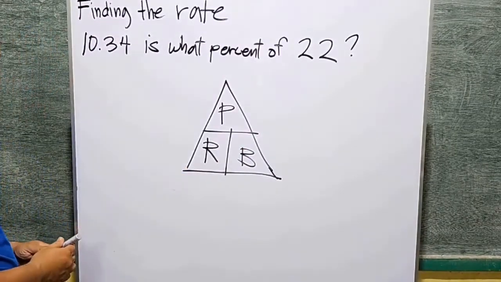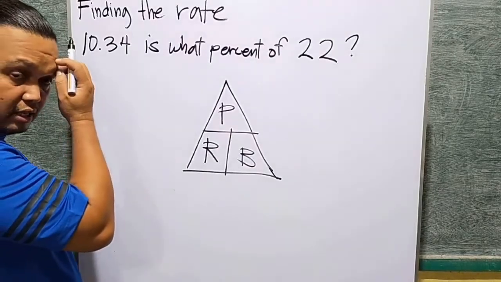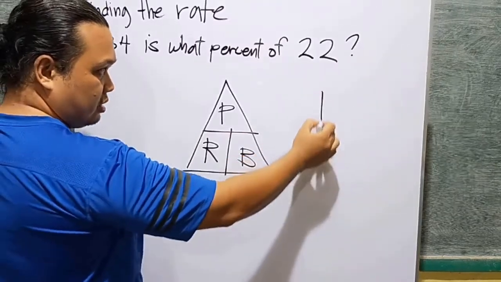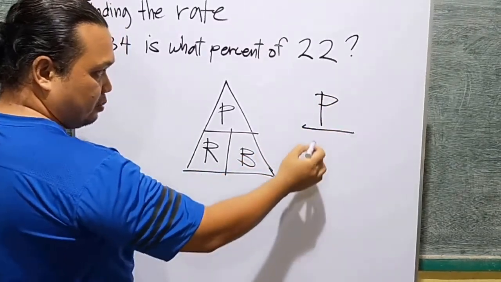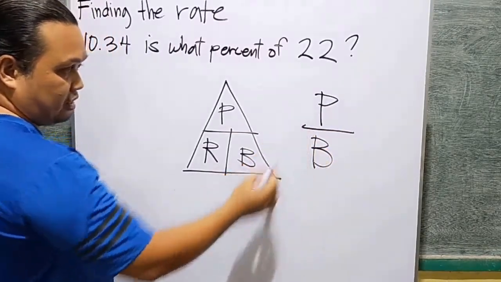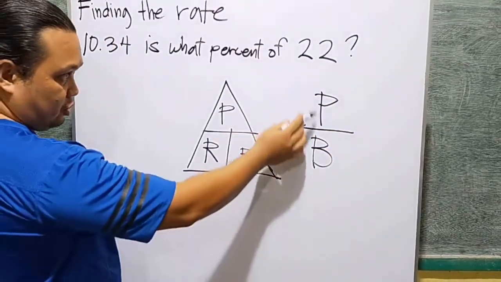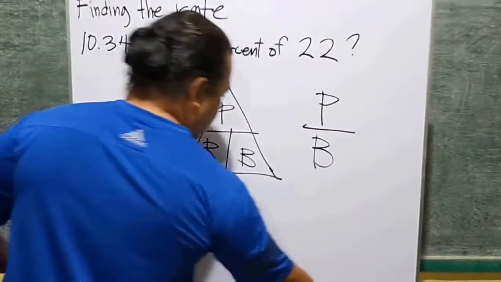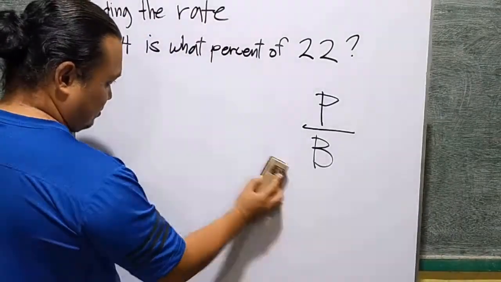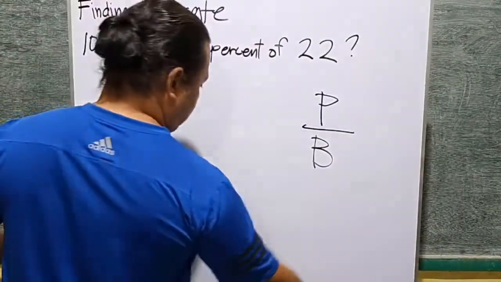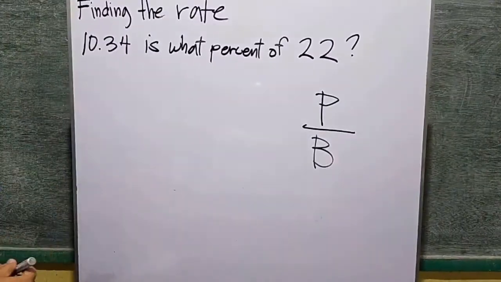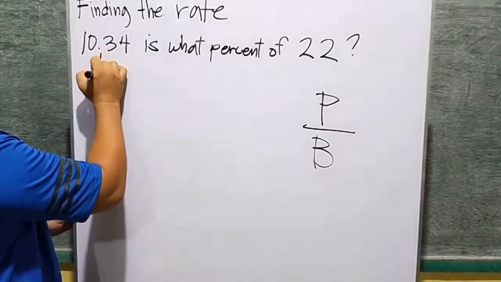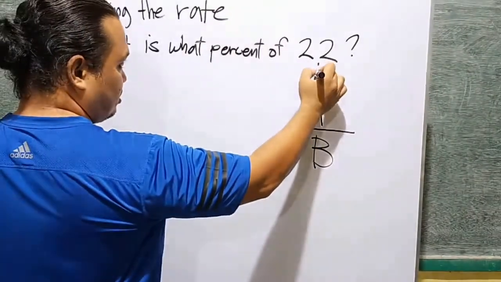What is the rate? Using the Decans triangle, all we need to do is divide the percentage by the base, which is P over B. So 10.34 is what percent of 22? 10.34 is the percentage, 22 is the base.